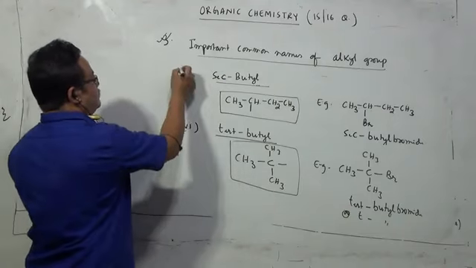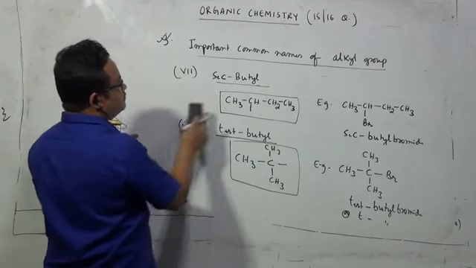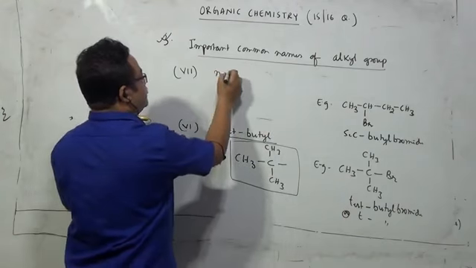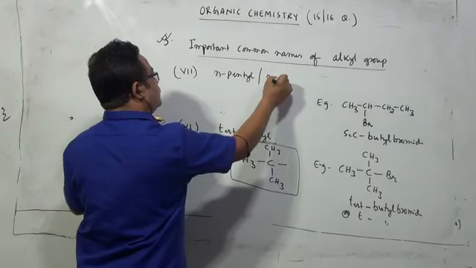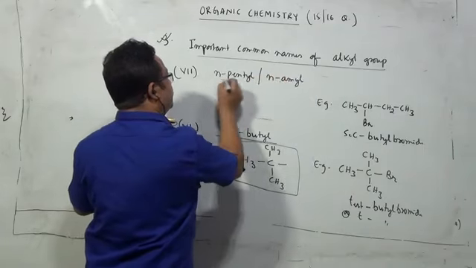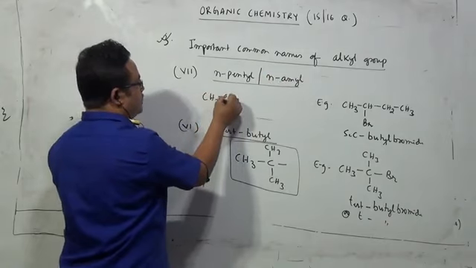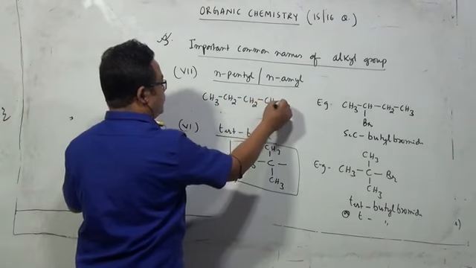Then we have pentyl. You say N-pentyl, which is also known as N-amyl as a common name. N means straight, normal, straight carbon chain.